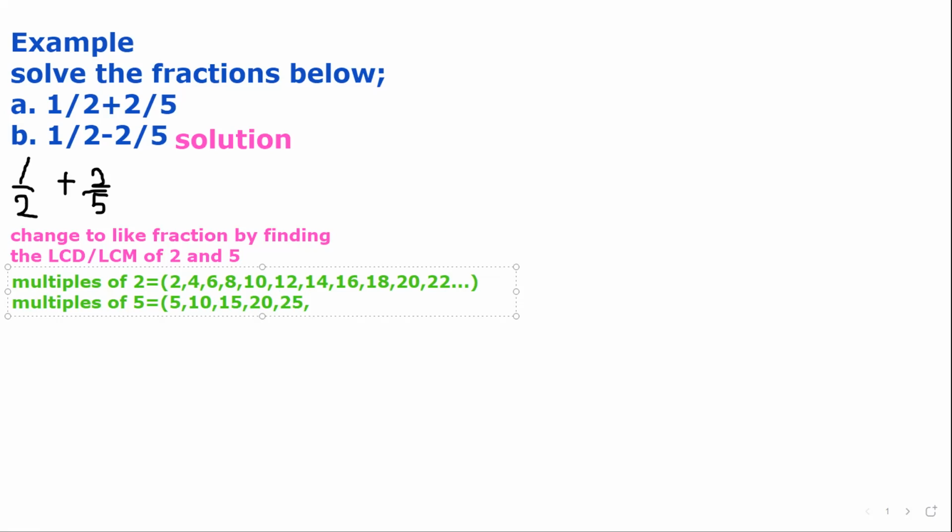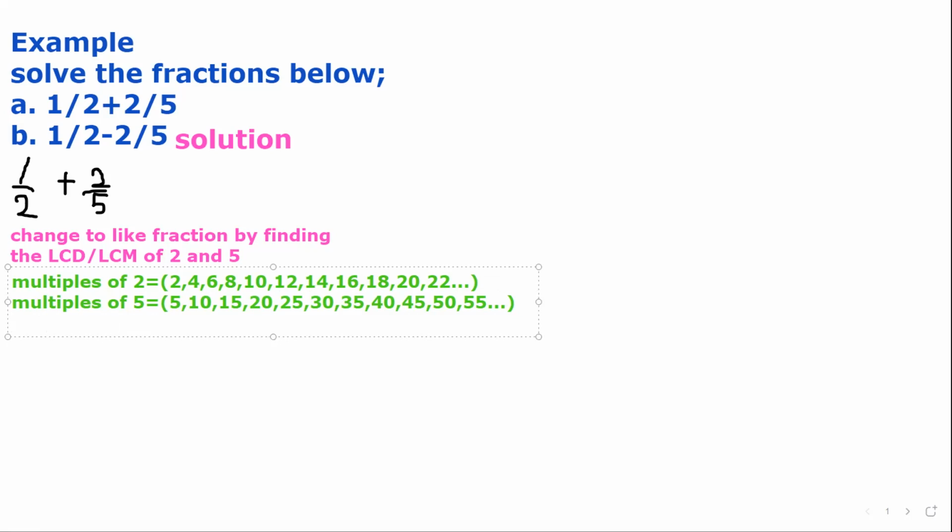Then 25, 30, 35, 40, 45, 50, 55. And that will be the first 11 multiples of 5. Okay. Then you put 3 dots, indicating that the multiples have no end. Good.